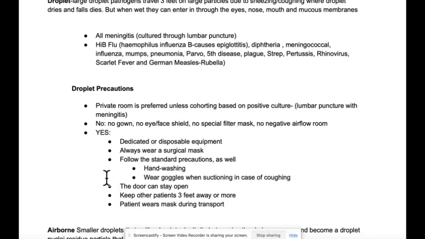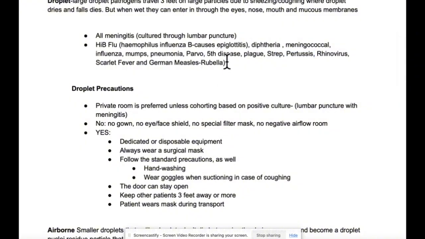And I do see a lot of German measles questions or rubella questions. I do see a lot of strep, pertussis, influenza. If you see the others, often they're the ones you don't want to pick, like parvo, fifth disease. They're not very common or popular. So don't be inclined to go for the tough ones that no one's ever heard of.